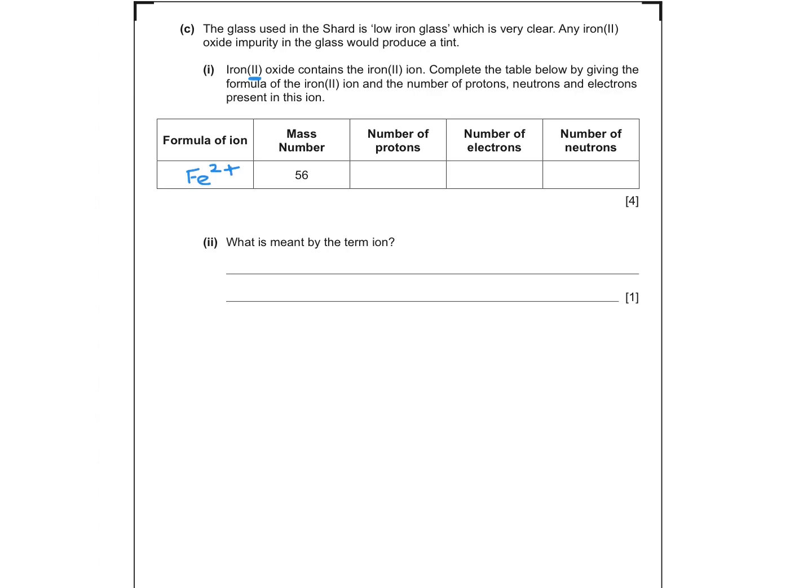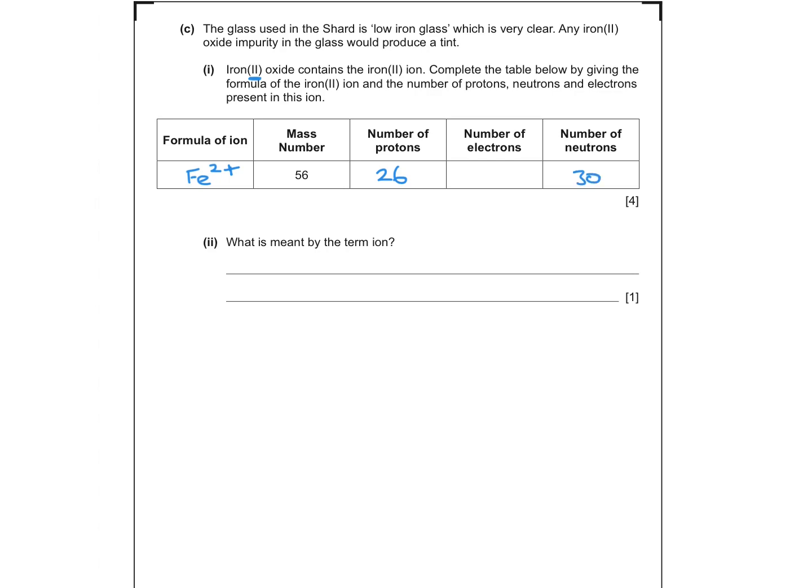Now the number of protons is equal to the atomic number. So you just go to the periodic table and look up the atomic number of iron, and you see it's 26. Now the number of neutrons is determined by subtracting the atomic number, or the number of protons, from the mass number. So that's going to be 30.